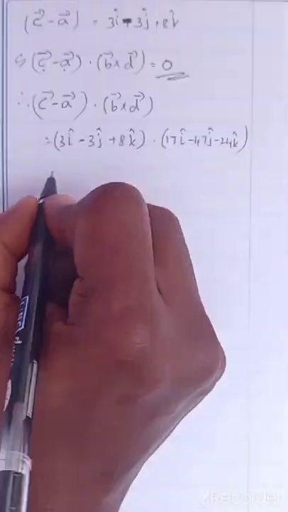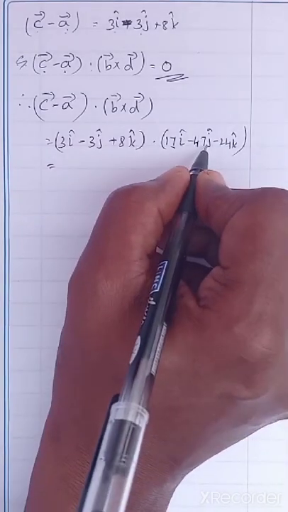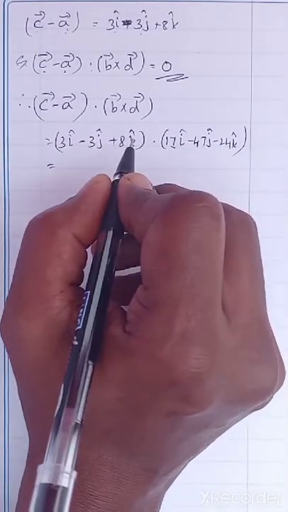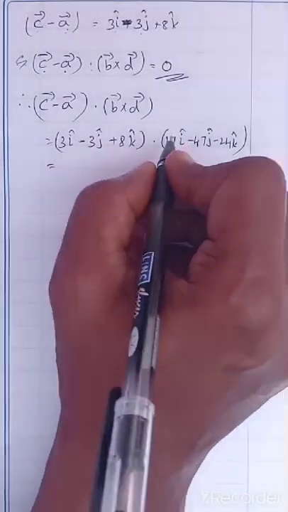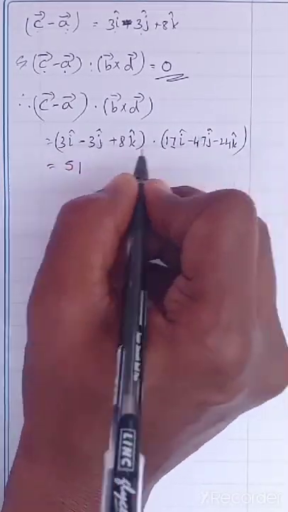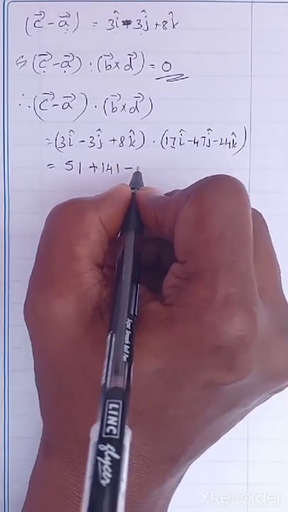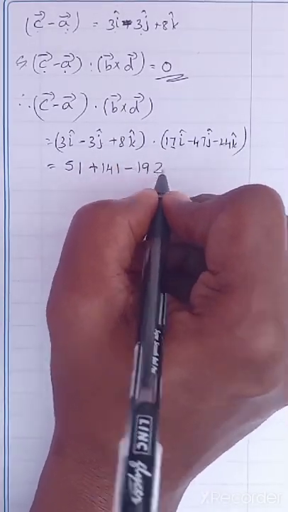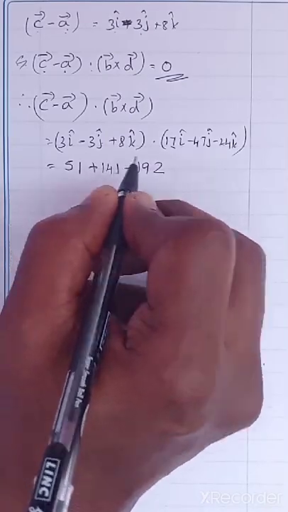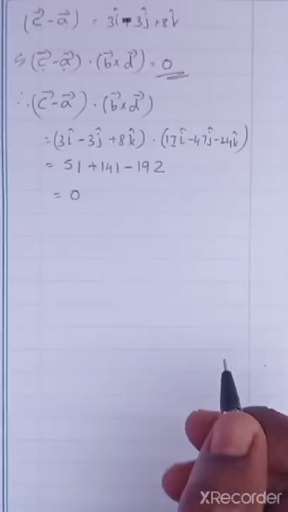So we multiply: 17 into 3, minus 3 into minus 47, plus 8 into minus 24. 17 into 3 is 51, and this will be 141, plus 8 into minus 24 is minus 192. If we add, 192 minus 192 is equal to 0.